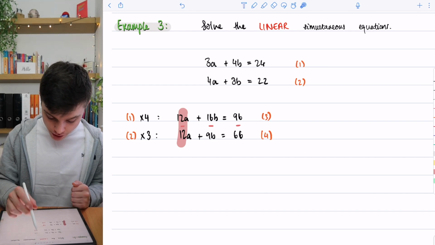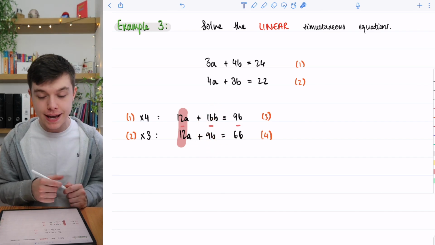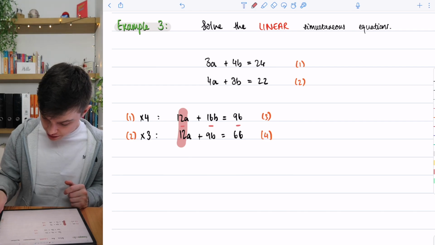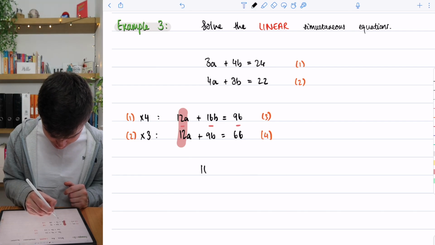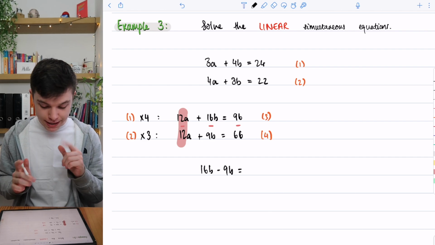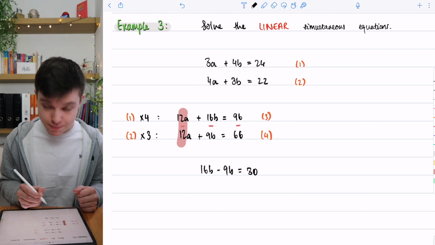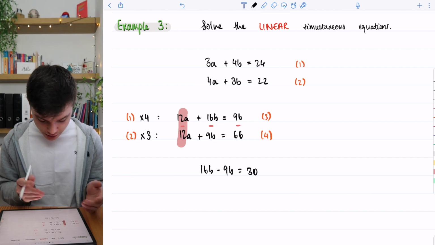So then here what we're going to have is 16b minus 9b, and we'll simplify that in a minute. 96 minus 66 will give me 30, and then all we need to do is simplify.